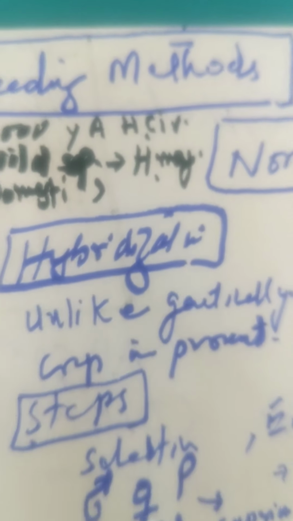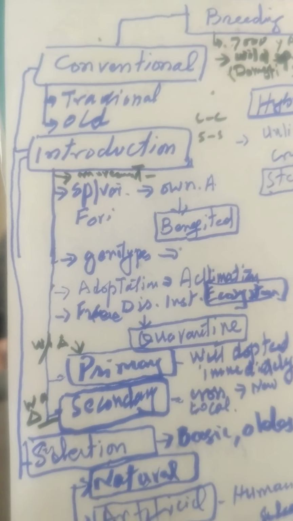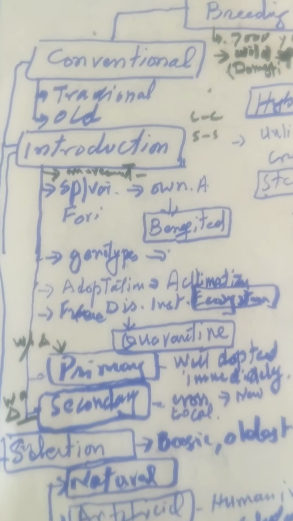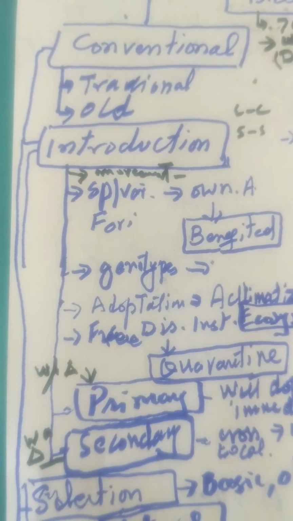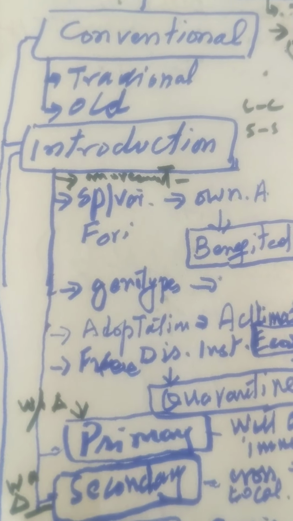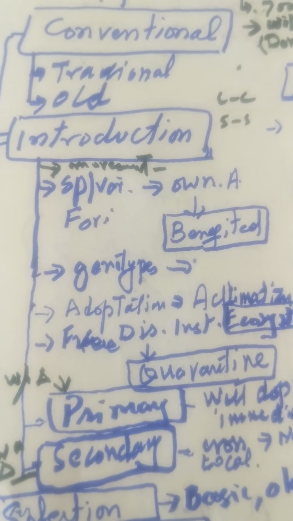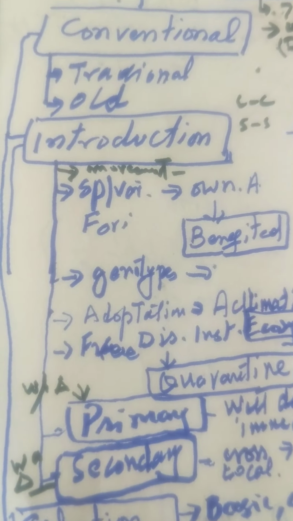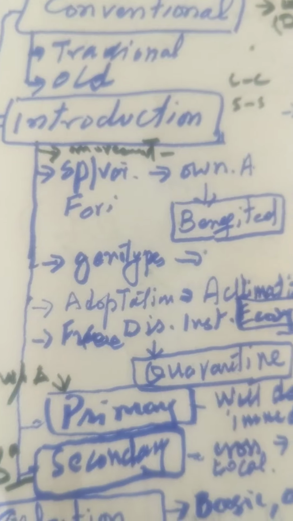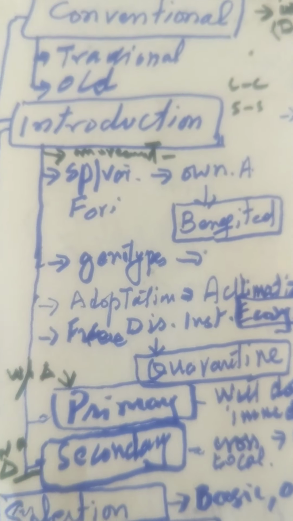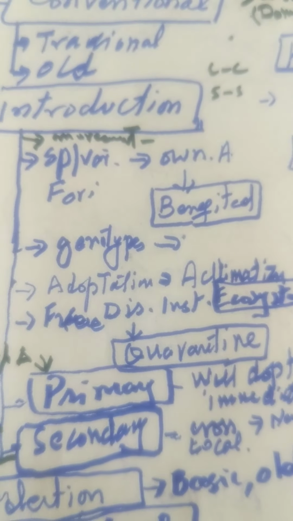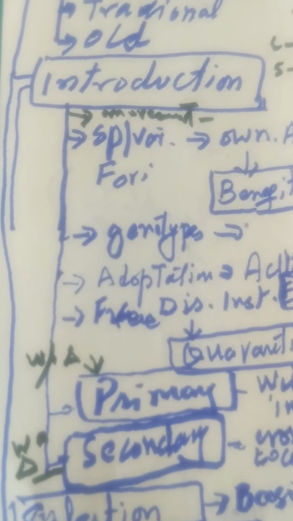Now let us start with introduction. As we have already said, after domestication, when human beings moved from one place to another, the plants also moved with them, and then they adopted the new place. Introduction is to introduce a new variety from one country to another country or one state to another state.